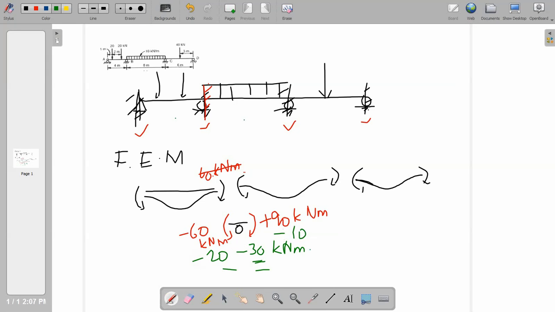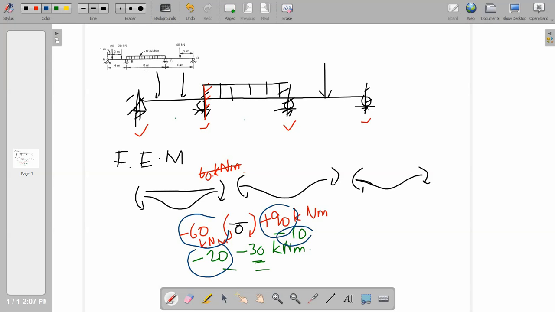So now what happens is I have negative 60, negative 20, positive 90 and negative 10. So they all add up to 0. So now the moments are balanced. So basically in this method we assume everything to be fixed. Then at every joint we try to balance the moments to get 0.